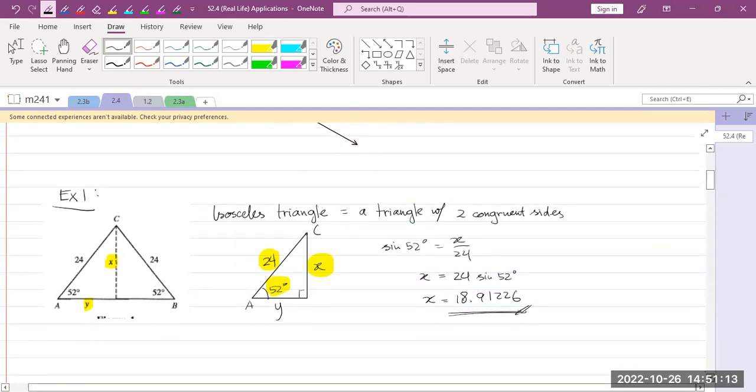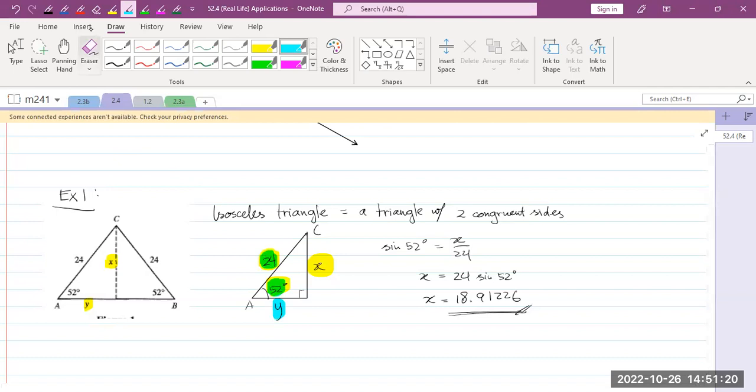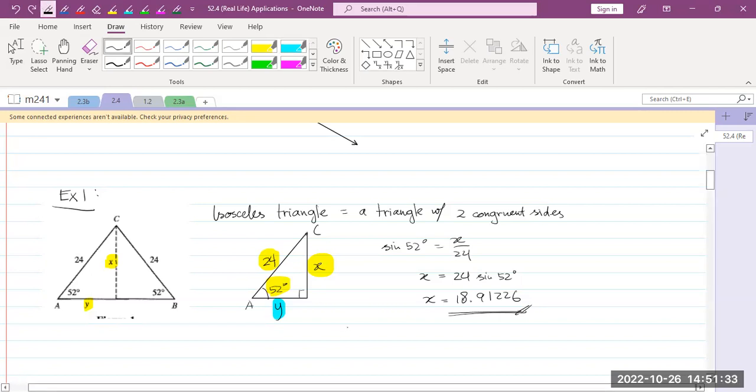Now, moreover, what relates the y and 52 and 24? Y is the adjacent, right? 52 degrees is the angle and 24 is the hypotenuse. So the trig function that relates y, 24 and 52 degrees is cosine. It's y over 24.